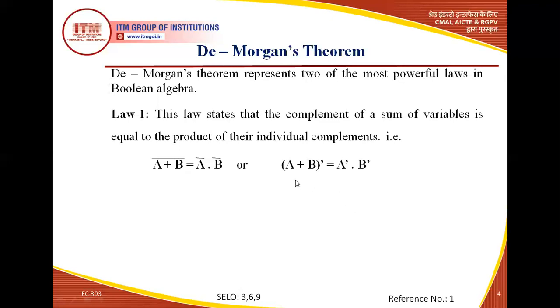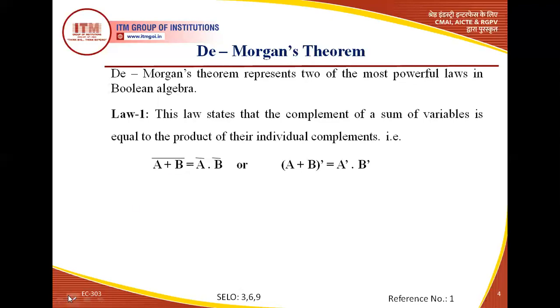It can also be written as (a plus b) whole dash. The dash also shows the complement, because we can represent the complement by using a bar and also by a dash. So (a plus b) whole dash is equal to a dash dot b dash.